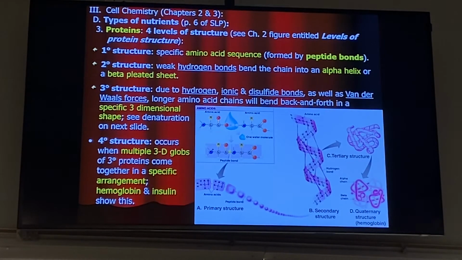All right, so now on the slide, put a little arrow off to the side from the second and third one, and write denaturation. Lines going to the second and third one, because denaturation breaks weak hydrogen bonds.